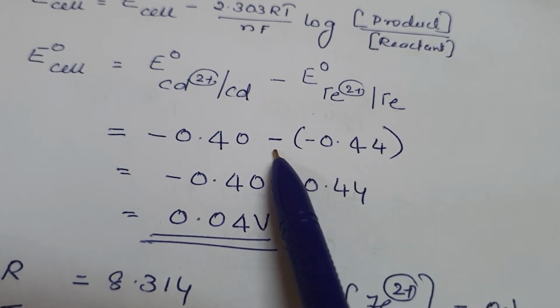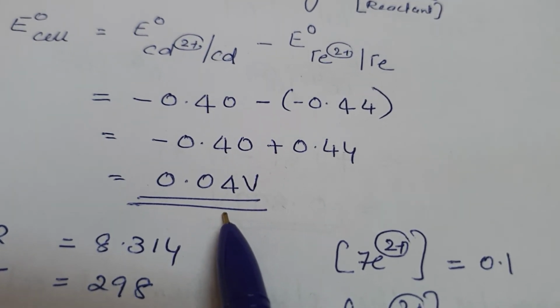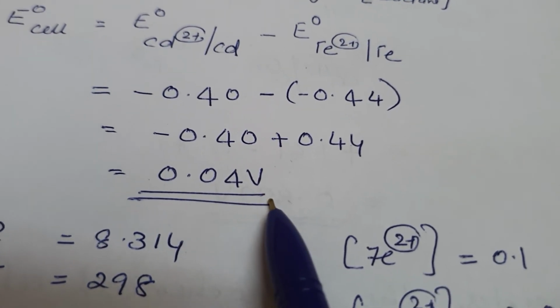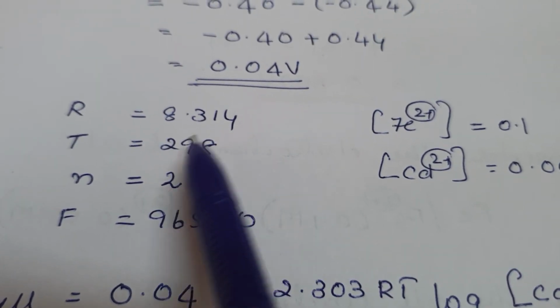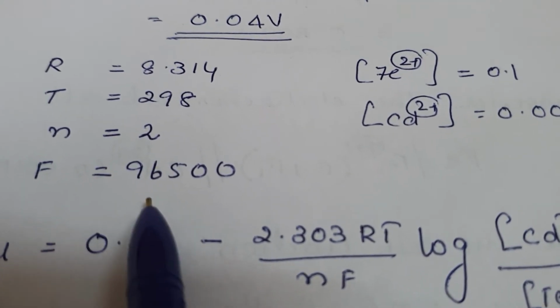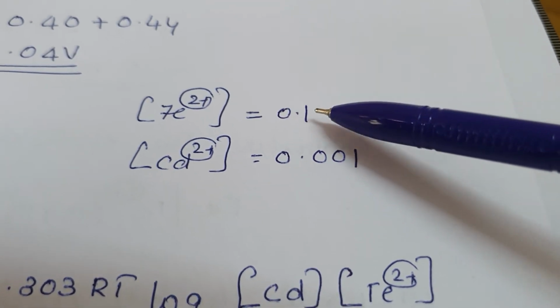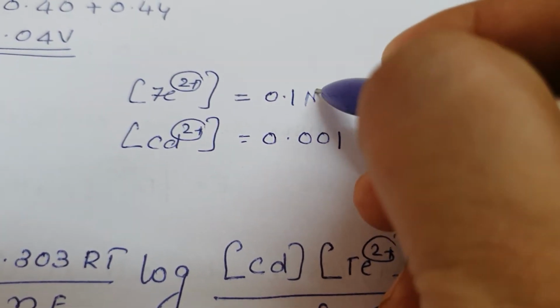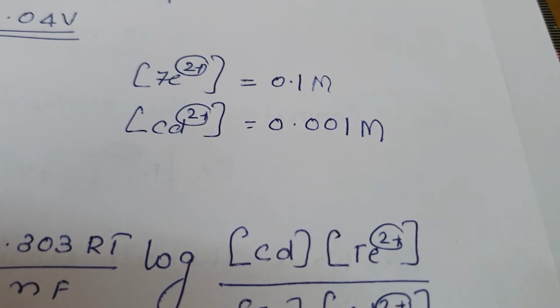So this minus and this minus will become positive. So answer is positive 0.04 volt. Okay. Now R is equal to 8.314, temperature 298 Kelvin, N is equal to 2, F is equal to 96500. Then concentration of Fe2 positive is 0.1 molar and concentration of cadmium 2 positive is 0.001 molar.